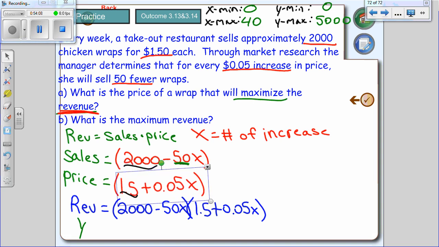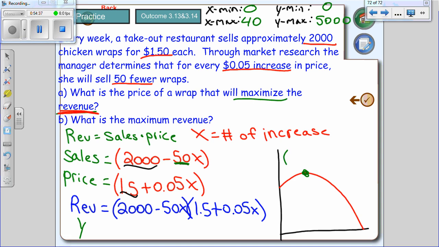Okay, when you graph that, you get a quadratic that looks somewhat like this. The maximum is right here. What point is it? Somebody find it yet?